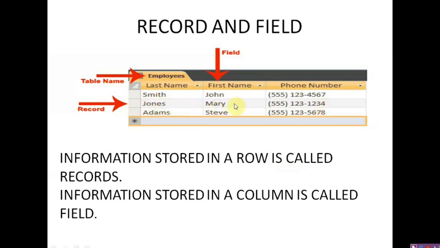Whatever information is stored in a row is called a record. Information stored in a column is called a field. Whatever information we are writing in a vertical way is called a field. And this at the top, you can see, is called the table name, right?